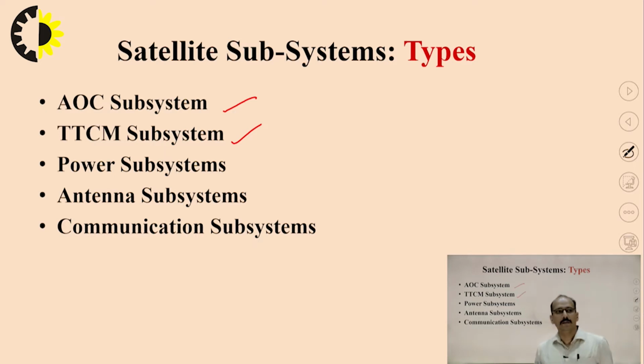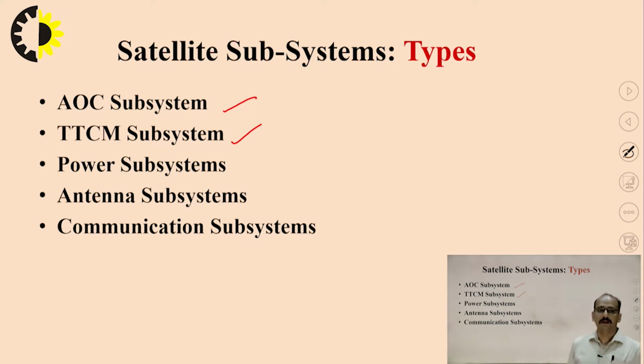TTCM is the telemetry, tracking, command and monitoring subsystem, which directly connects the satellite with the earth station to monitor various parameters, as well as for tracking and telemetering data of the satellite. For tracking, we use the AOCS data.